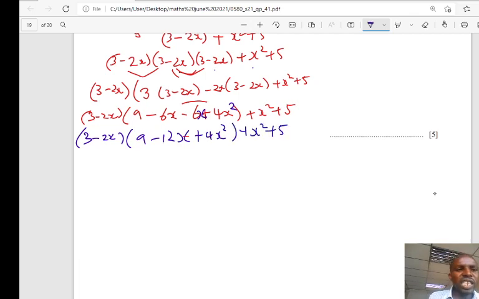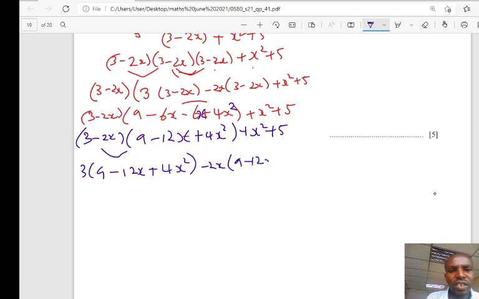Now simplifying, multiplying this bracket, we have 3 multiplying 9 minus 12x plus 4x squared, and also minus 2x multiplying 9 minus 12x plus 4x squared. Then plus x squared plus 5.